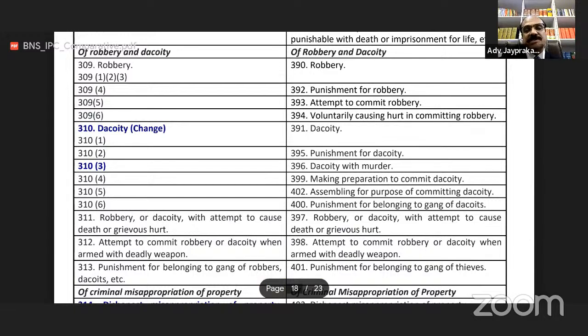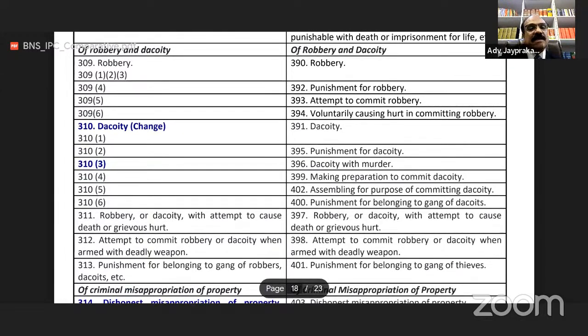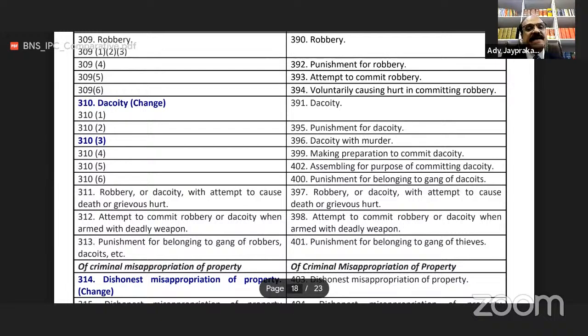Its earlier section was in IPC 392. BNS section 309(5), attempt to commit robbery. Its earlier section was in IPC 393. BNS section 309(6), voluntarily causing hurt in committing robbery. Its earlier section was in IPC 394.